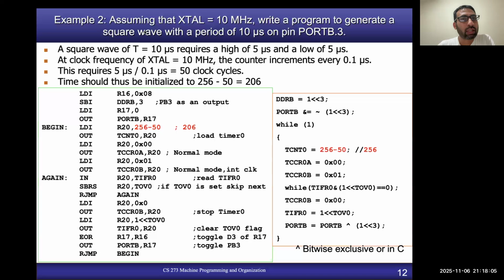Let's have a look at another coding example. Assume that you have a crystal of 10 megahertz, which means your AVR microcontroller is operating at 10 megahertz. You need to write a program to generate a square wave with a period of 10 microseconds on pin port B3.